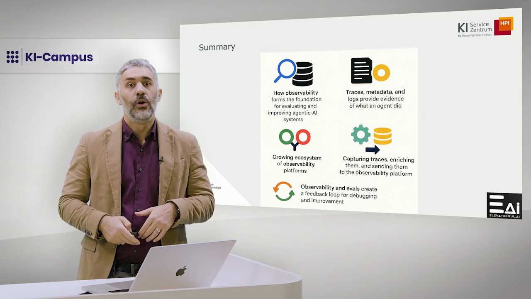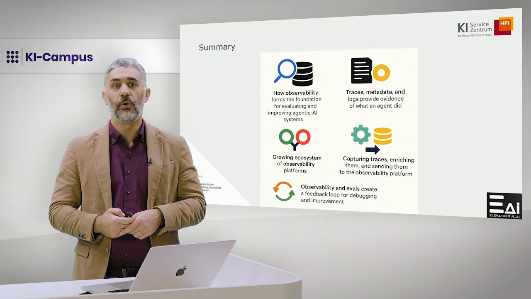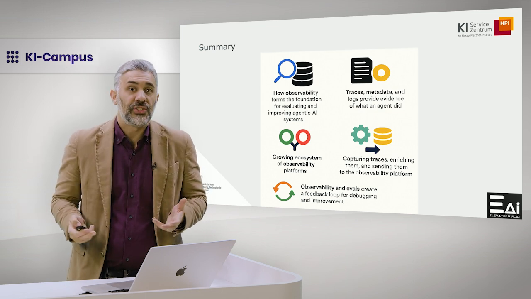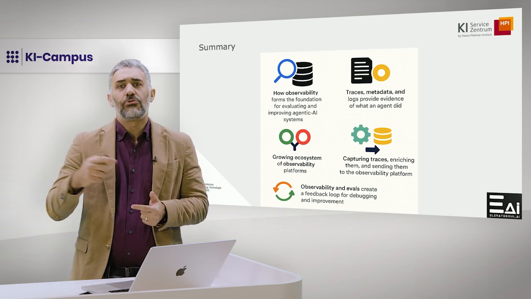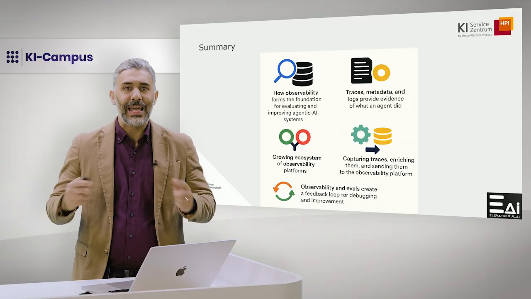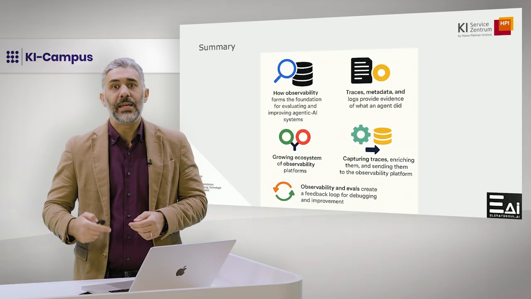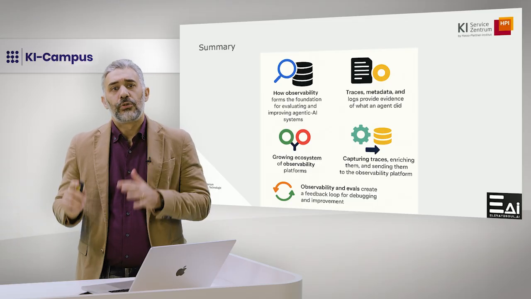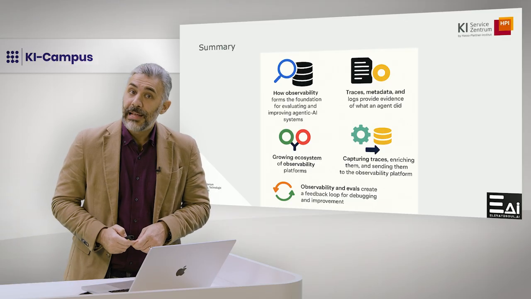In this video, we explored how observability forms the foundation for evaluating and improving agentic AI systems. We saw that traces, metadata, and logs provide the raw evidence of what an agent actually did, making issues visible and measurable. We briefly looked at the growing ecosystem of observability platforms.